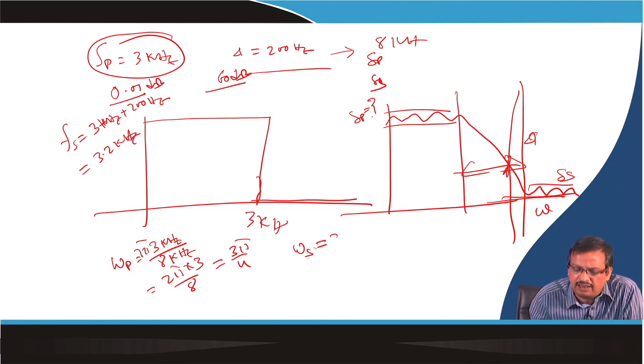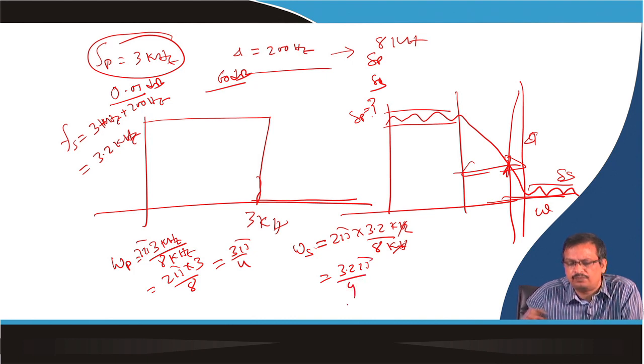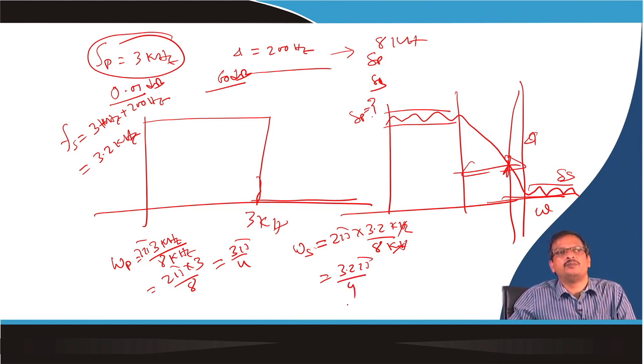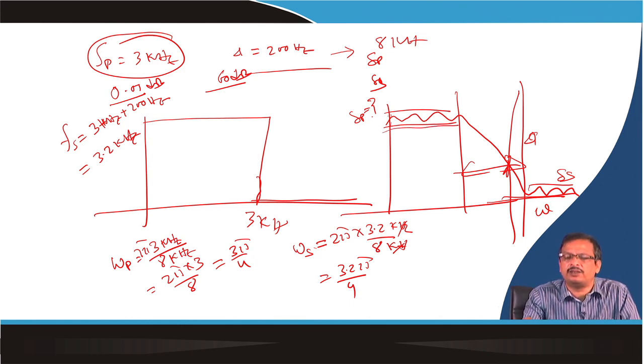So omega S is nothing but 2 pi into 3.2 kilohertz divided by 8 kilohertz. So I can say 3.2 pi divided by 4. Now I get the filter specification. So I know omega p, I know everything. Now I have to design that low pass filter.